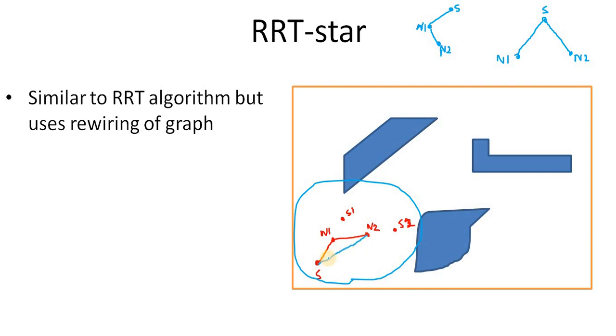This is called rewiring. And this is how we get the shortest path. If we do it for all the nodes, then it will give us the shortest path from start to target position, and this path is much better than the RRT algorithm.